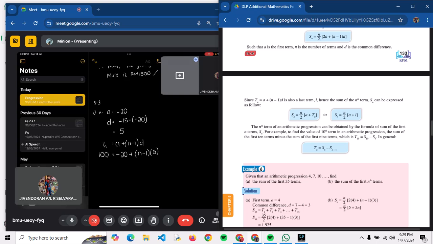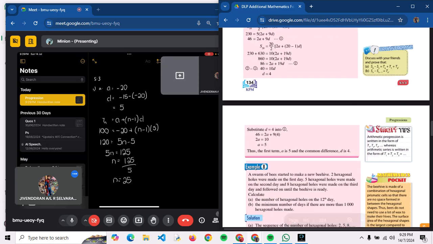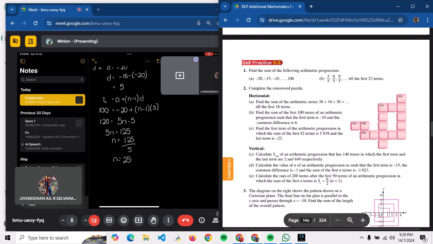This is just substitution into the formula Tn equals a plus bracket n minus 1 close bracket d. Okay. This is formula 1. Formula 2, we have to use the Sn formula.